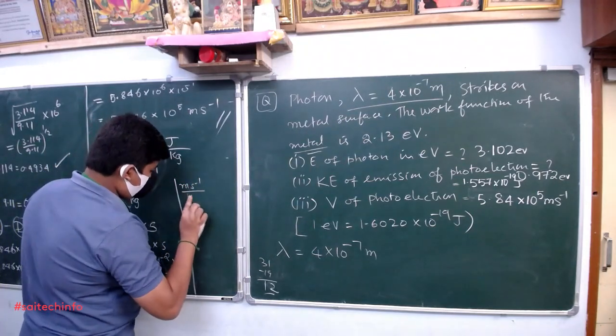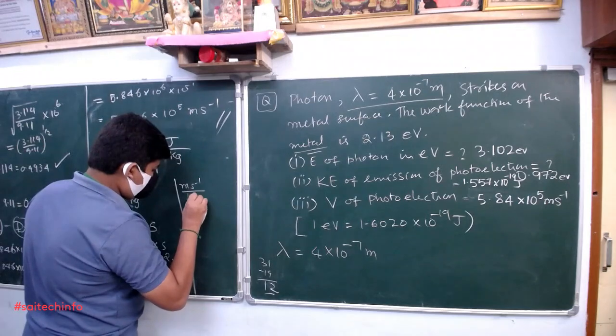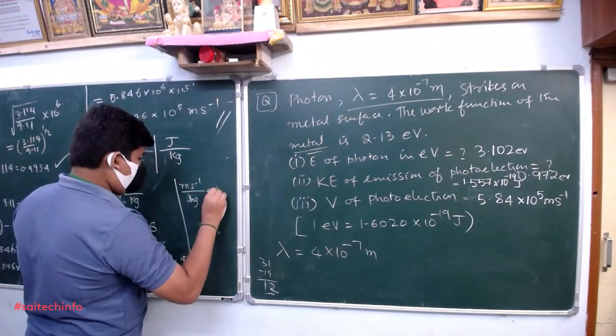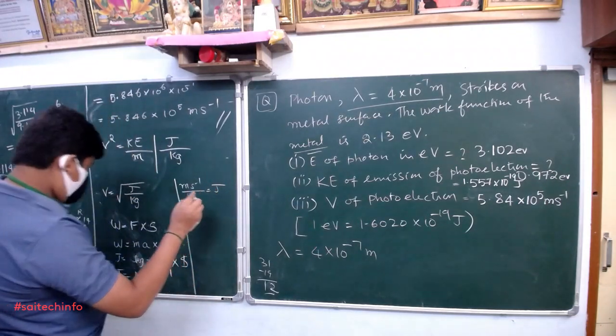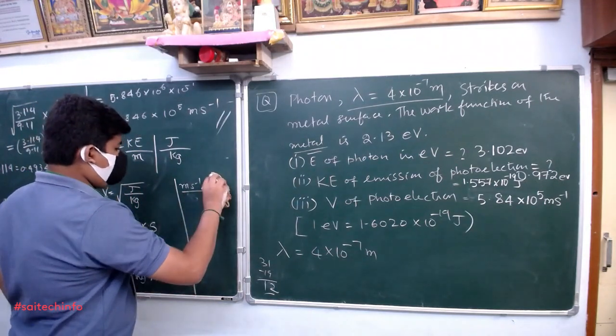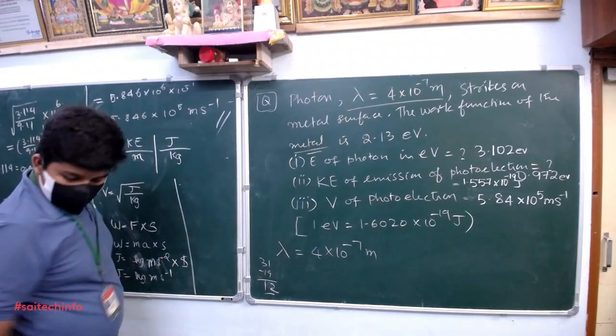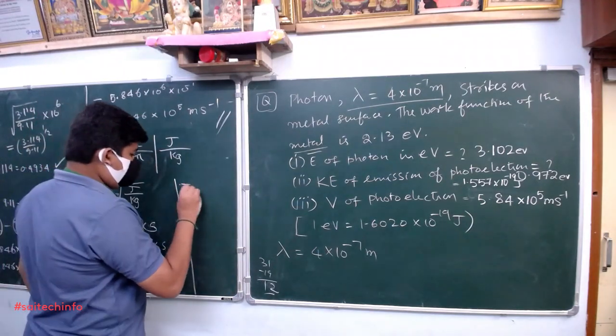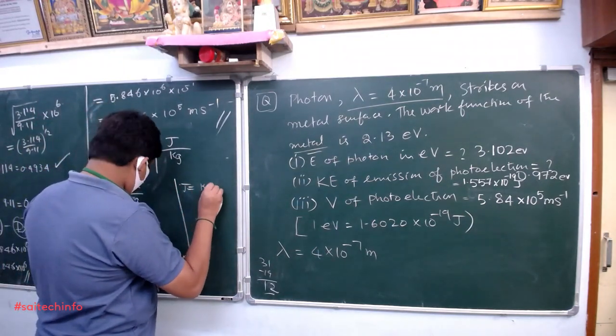So joule is equal to kg ms power minus 1 divided by kg.